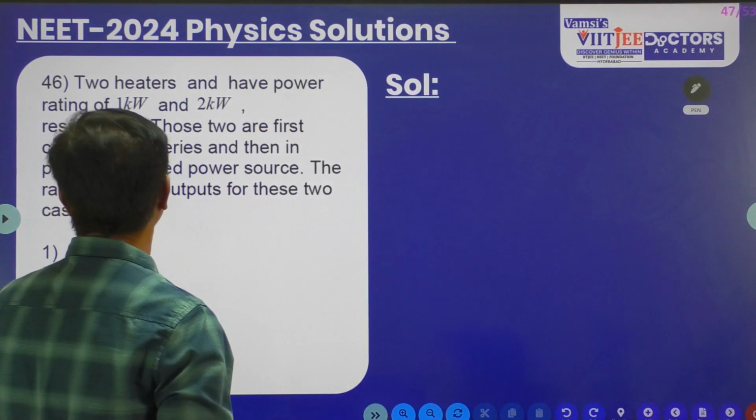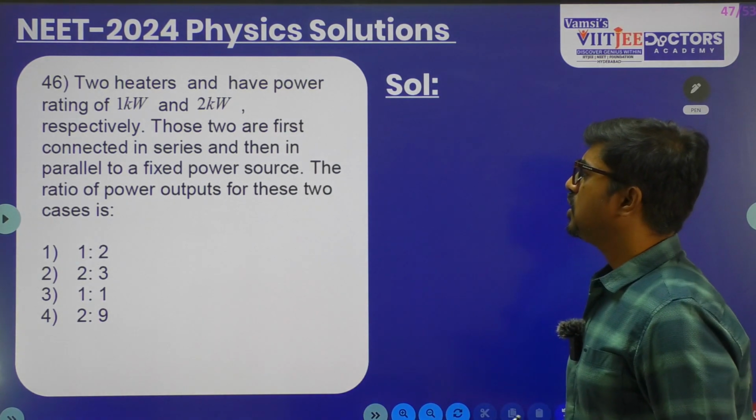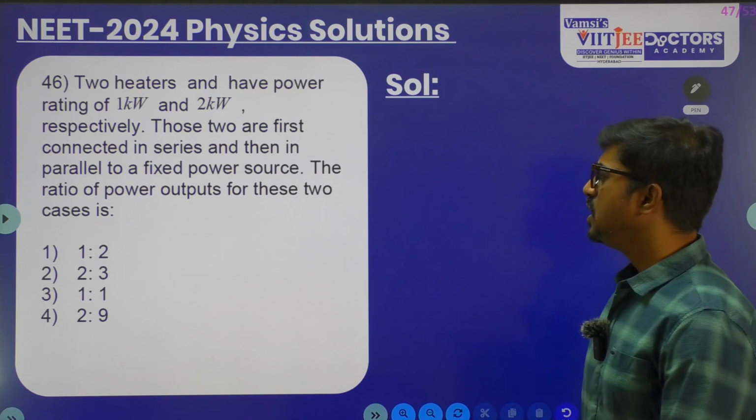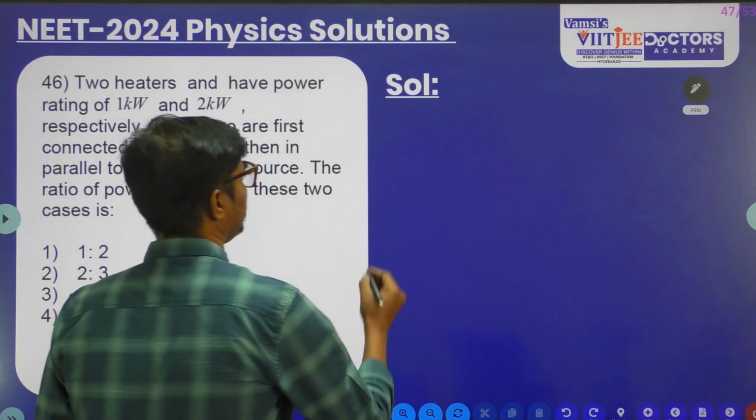Next, two heaters have power rating 1 kilowatt and 2 kilowatt respectively. These two are first connected in series and then in parallel to a fixed power source. The ratio of the power output for these two cases is. So this is also very important here.